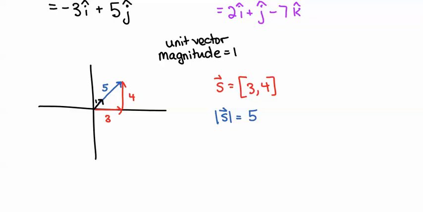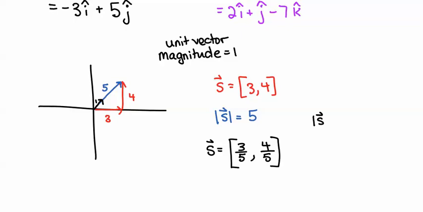I know this is a bit weird, but another way to do unit vectors would be to represent this vector as 3 over 5, comma 4 over 5. I'm just dividing the x and y components by the magnitude of the vector because now I have a magnitude of 1 for my unit vector.